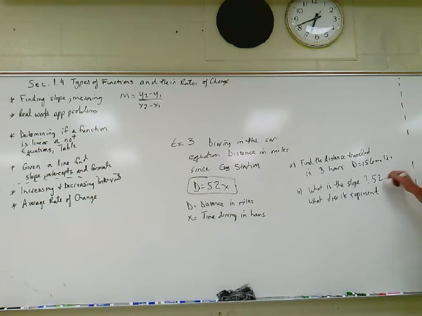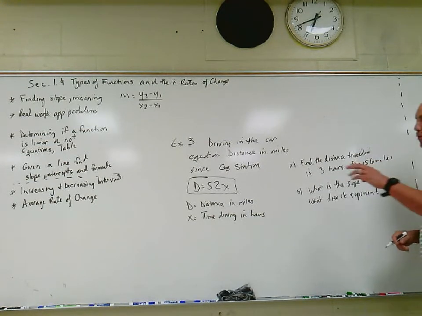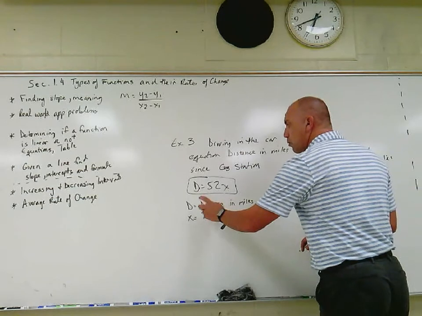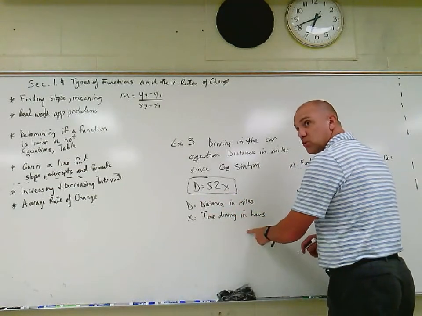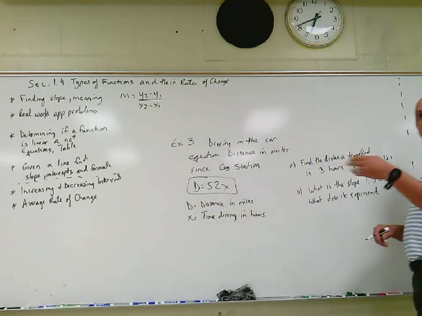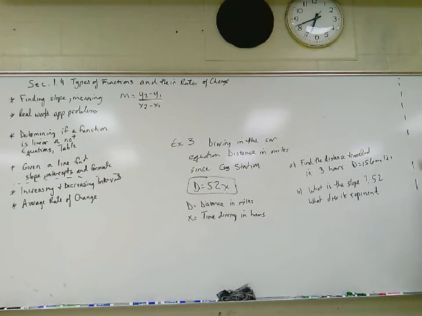52. Now look, you can always do the units because it's always going to be the Y units over the X units. So the Y units, or in this case, D is the Y. What's the Y units? What's being measured? Miles. And what is the X units? Time.